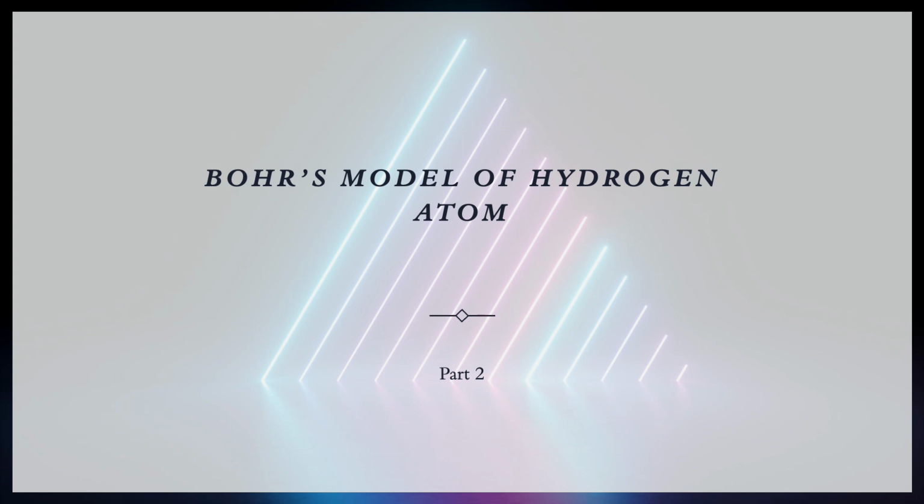We've also learned from the previous video that the number of electrons is equal to the number of protons, and that the number of neutrons is obtained from the difference of the atomic mass and atomic number of a chemical element. Now, in this video, we will continue our discussion on the Bohr's model of hydrogen atom and how we've come up with energy quantization.